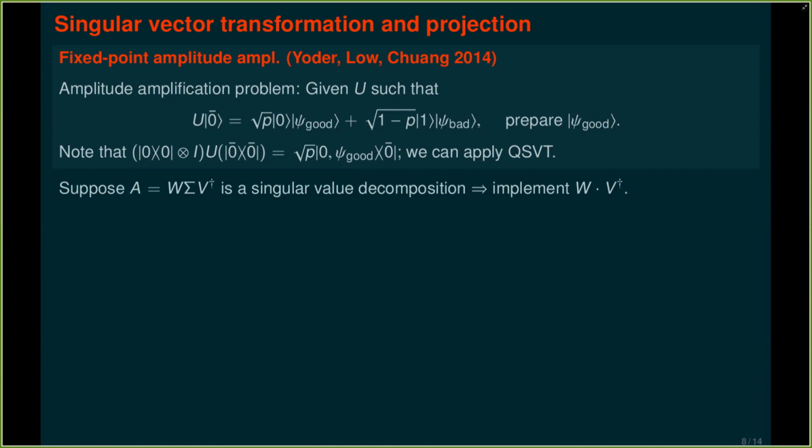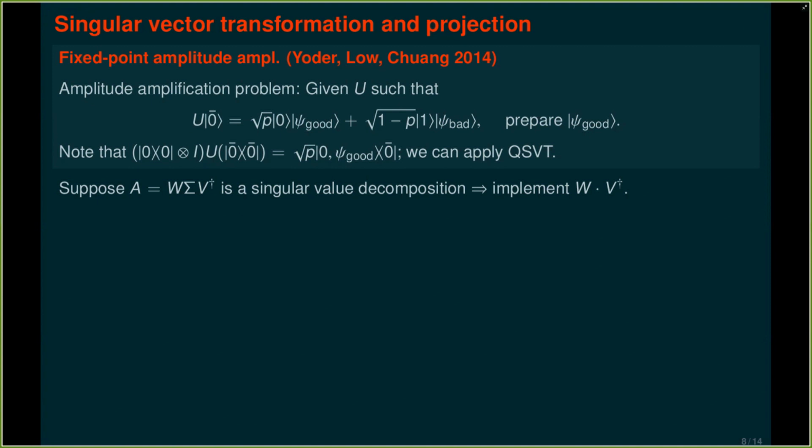And you can actually generalize this problem to the following: suppose that you have a matrix A, again, which has singular decomposition W sigma V, and suppose you want to implement a unitary which is W V dagger.